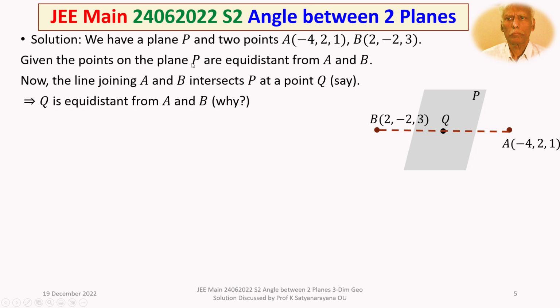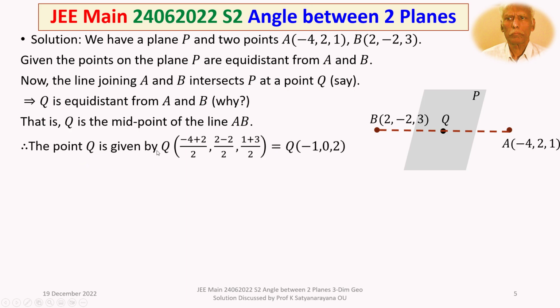Because the points on the plane P are equidistant from A and B, and Q is a point on P. This means Q is the midpoint of the line joining A and B. Using the midpoint formula, that is (-4 + 2)/2, (2 + -2)/2, (1 + 3)/2, Q is given by (-1, 0, 2).